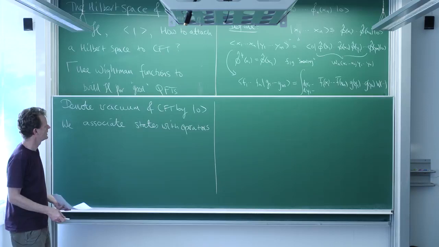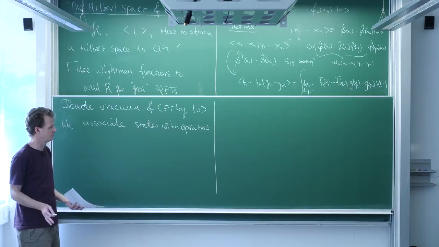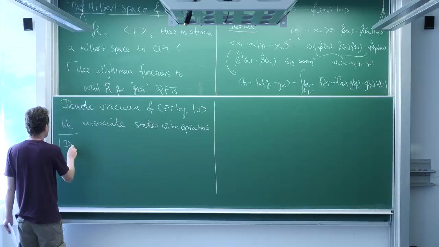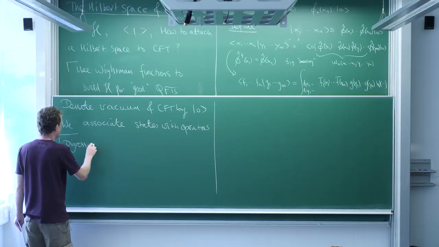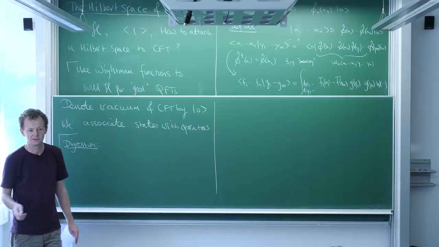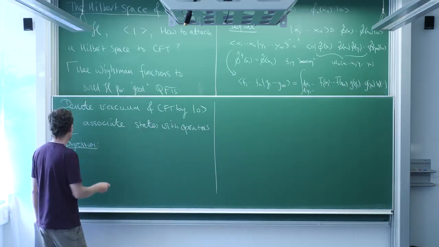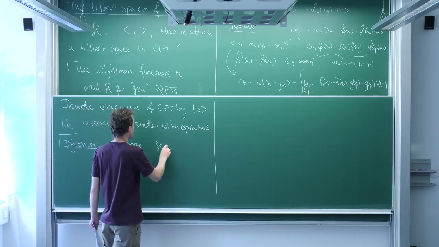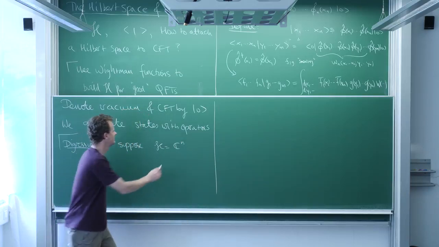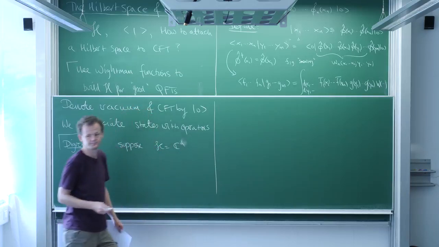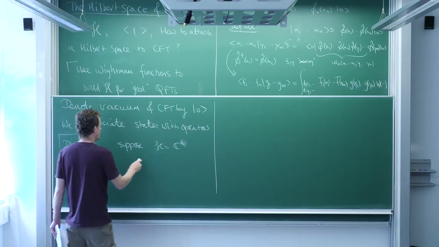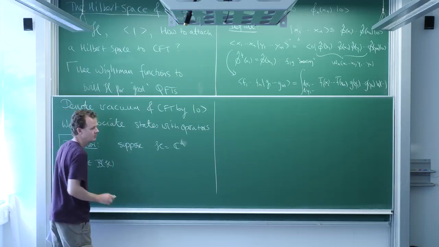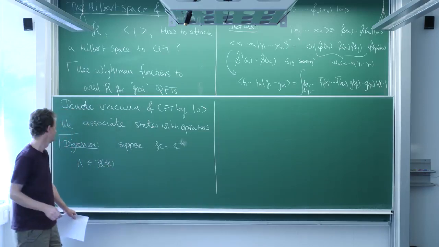And morally, actually, this construction is equivalent to how we associate states and operators in, say, quantum information theory. So suppose we have some Hilbert space, which is like some finite dimensional Hilbert space, C to the D. Then we have some operator acting on this Hilbert space, so that's a D by D matrix.